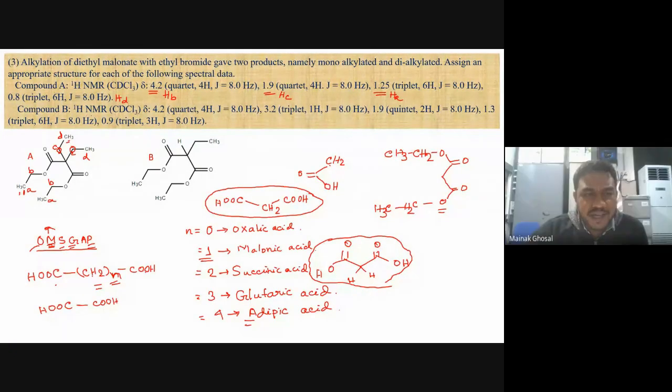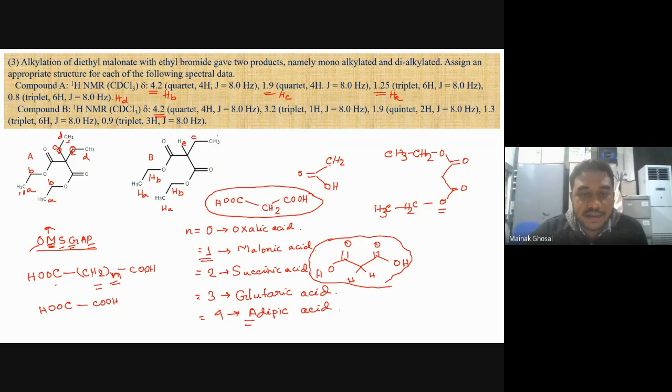Now compound B, you see again 4.2 quartet. I don't know which is this one. Okay, I'm naming it again. This is HA. This is HB. Similarly, this is HA, HB. This, suppose I am naming it HC. Okay, new name is different.